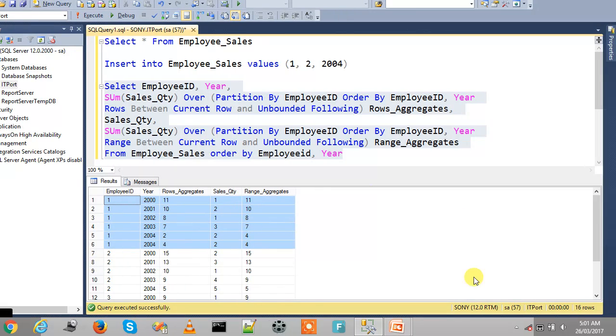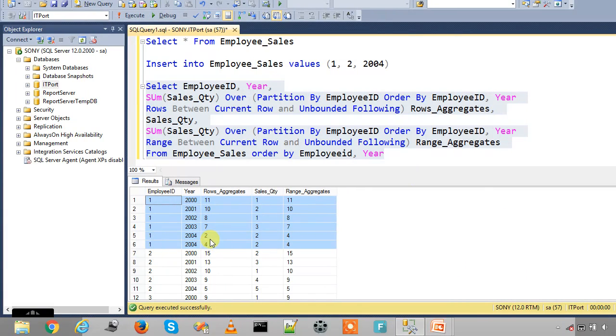See, these are the same difference between the two. Here the ROWS aggregate calculates 2 and here 4.